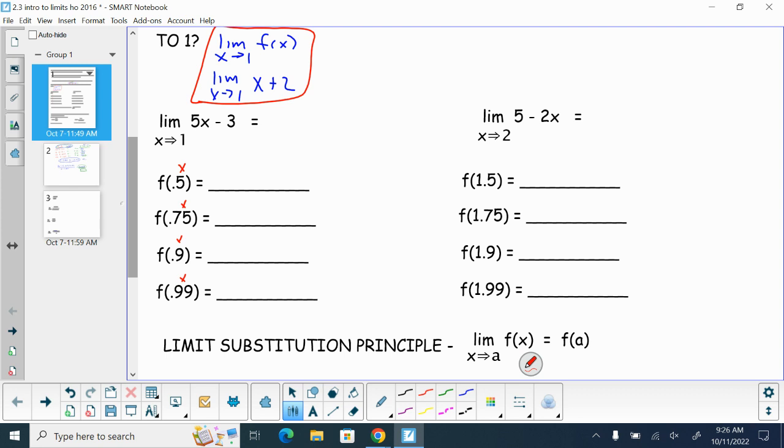We're signifying we're getting closer to the value of 1. What we want to do is evaluate this function and see where it lands.